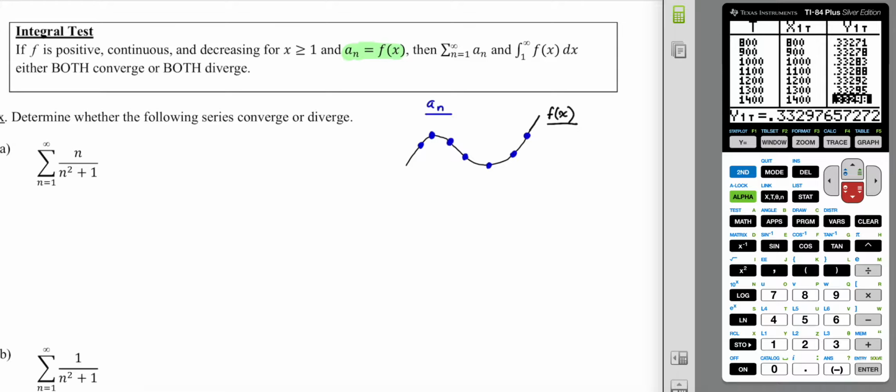All right? So it kind of feels like, well, what does that tell me? Well, if these conditions are met, and I determine, for example, that this integral converges, then necessarily the summation or the series must converge. Or if the integral turns out to not converge, then the series would also not converge.